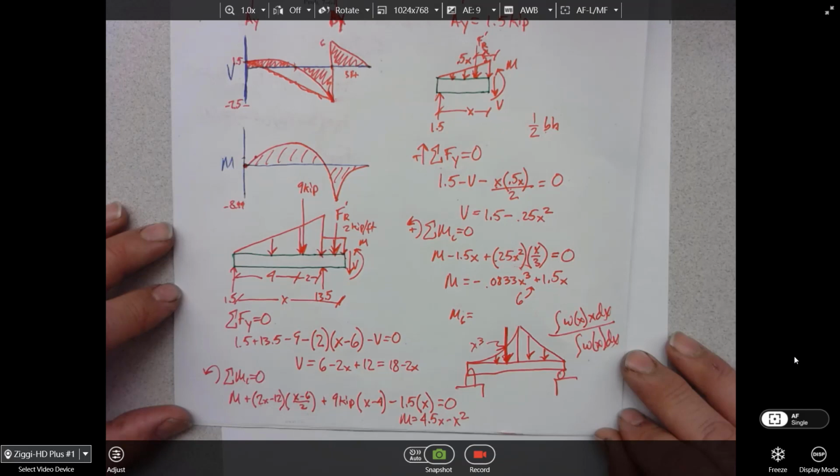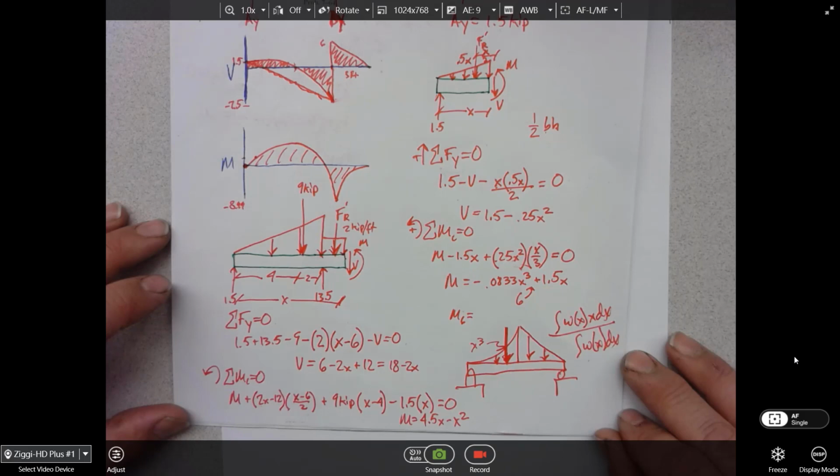So then I can sum the forces in the y direction. This time I just know what this is. It's 9 because it's the whole thing. And it's located 4 from here, or 2 from here.